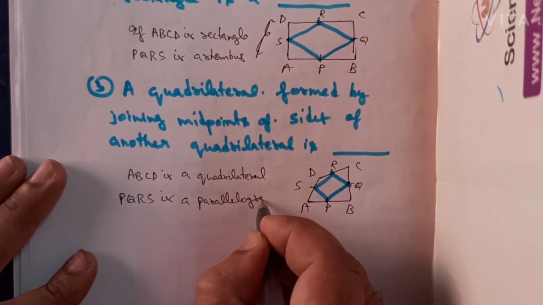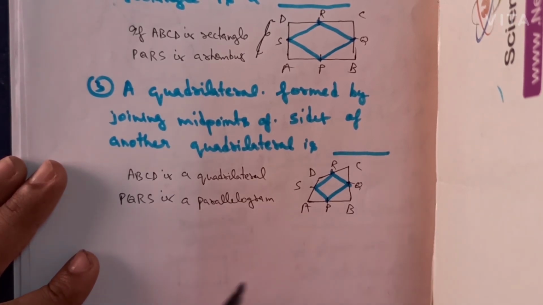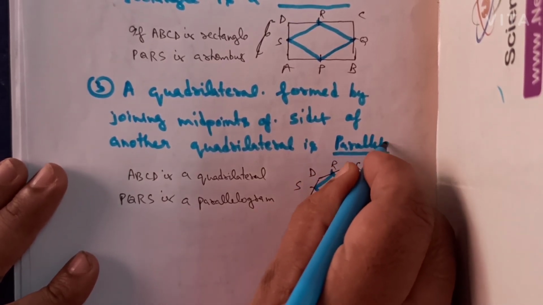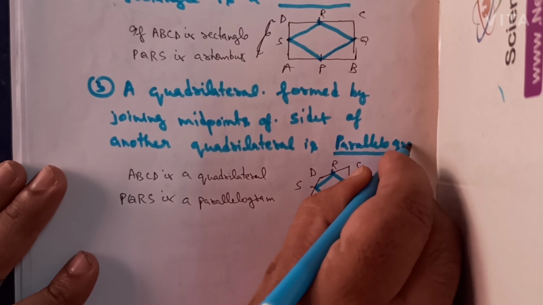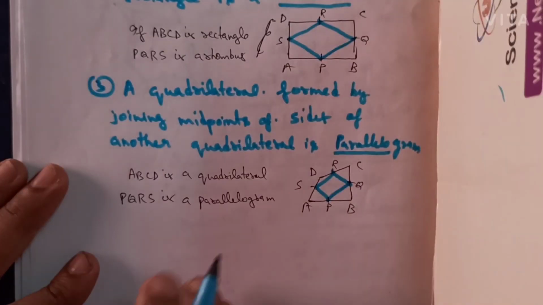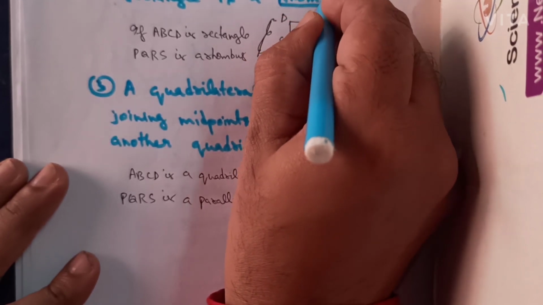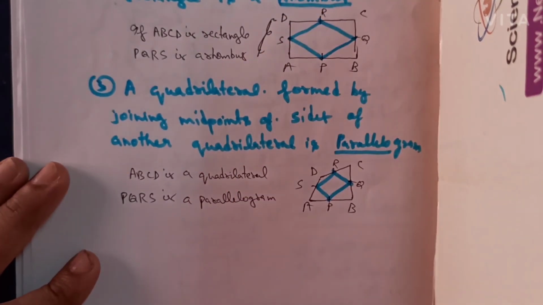Okay, so it is a parallelogram. Here it was a rhombus. Okay, understood? Now the next point number 4.